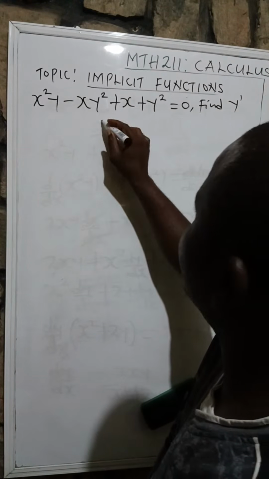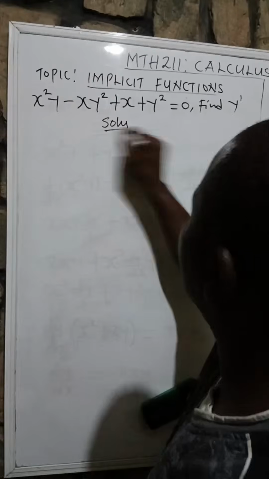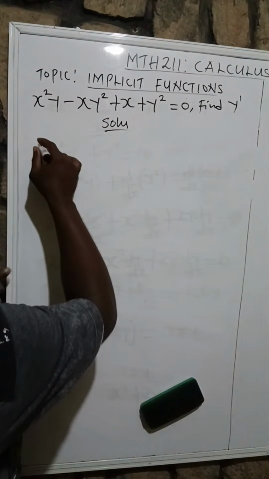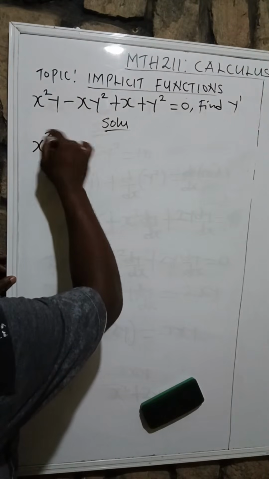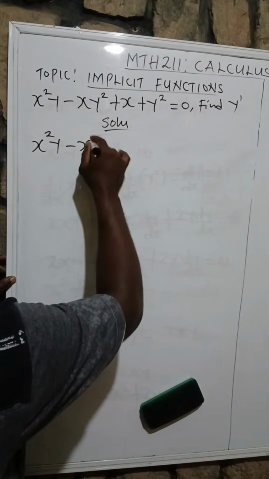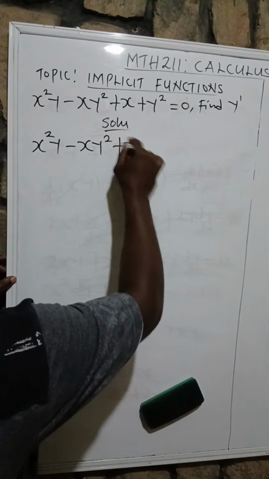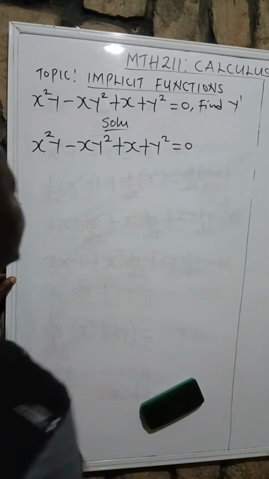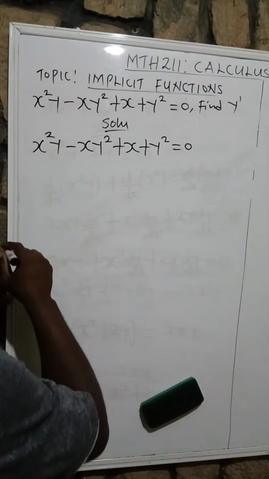So what we need to do, we write the solution. Our x squared y minus xy squared plus x plus y squared equals 0. So far so good.